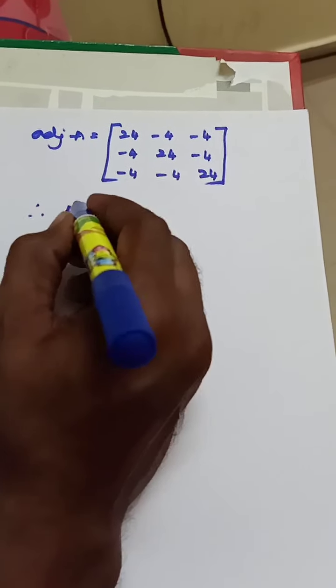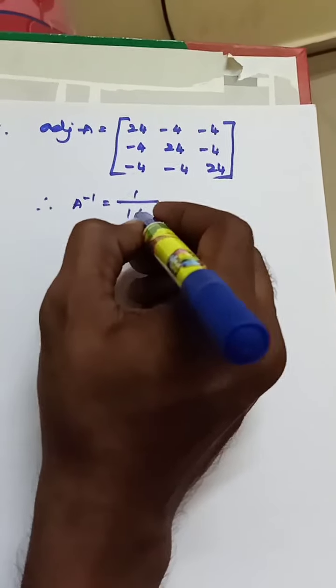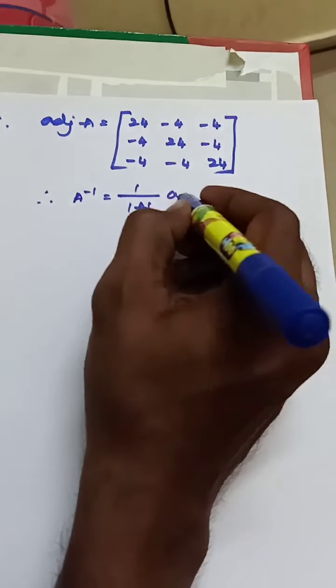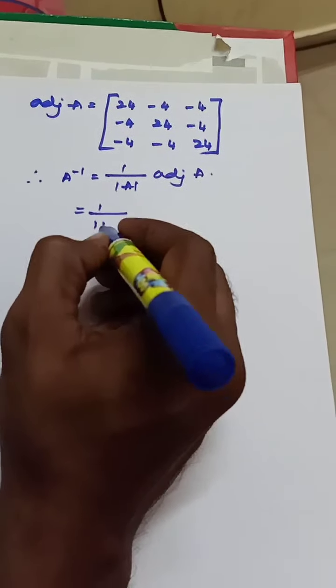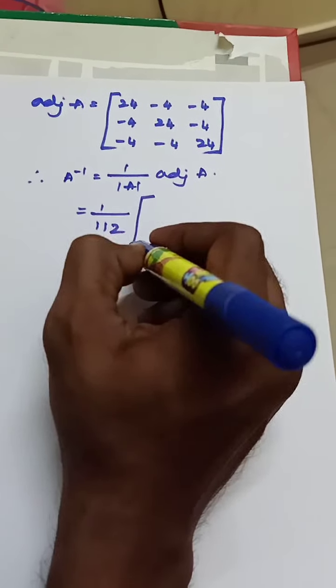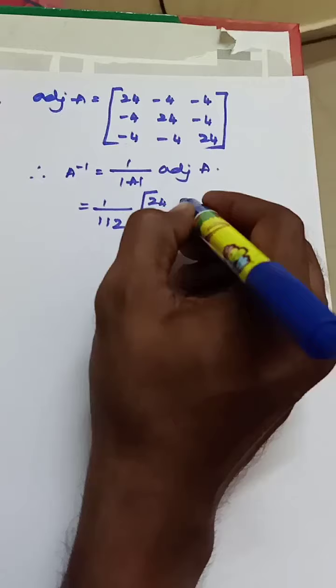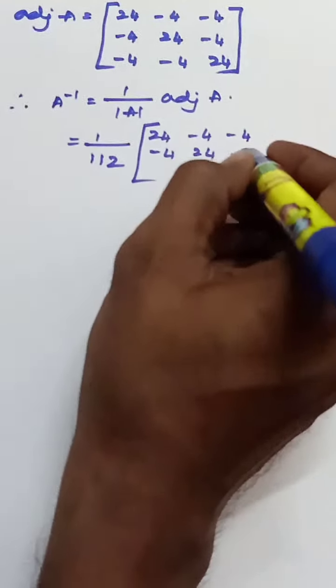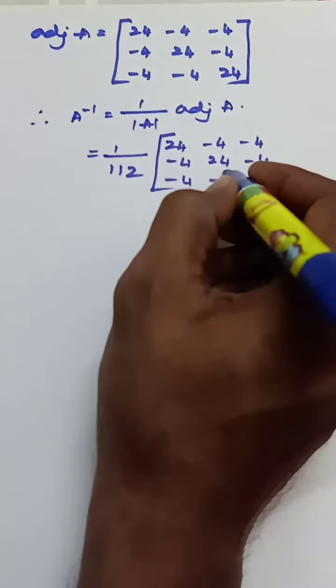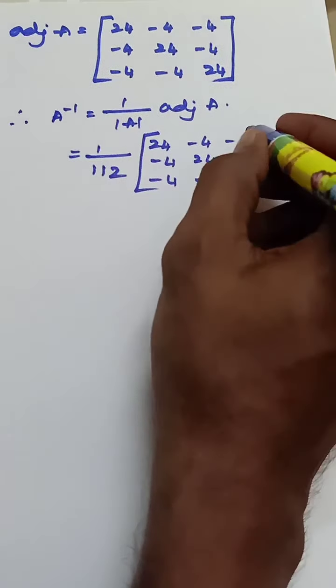Therefore, A inverse, again we write the formula: 1 by determinant of A into adjoint of A, which is 1 by 112, since the determinant of A is 112, times the matrix.